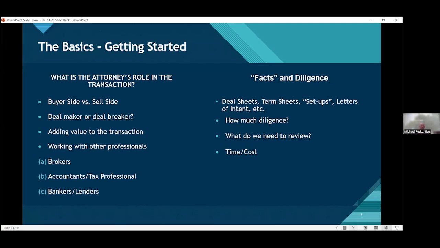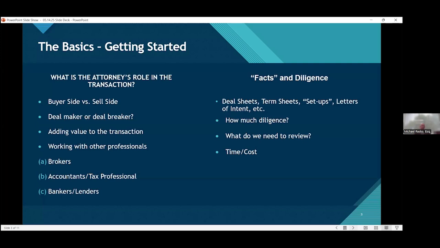Accountants and tax professionals are both a referral source and a source for more information about the business itself from the seller side. And if there are questions about valuation, the buyer may employ some sort of accountant or other financial expert to inspect the books or make some further evaluation of the assets or of the selling business.